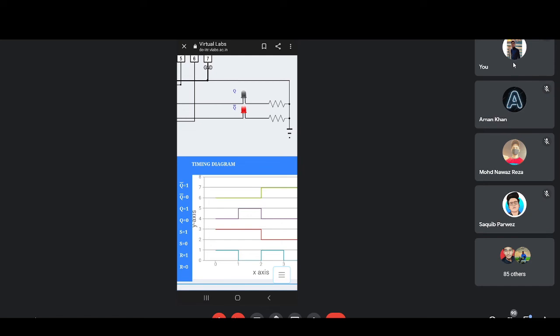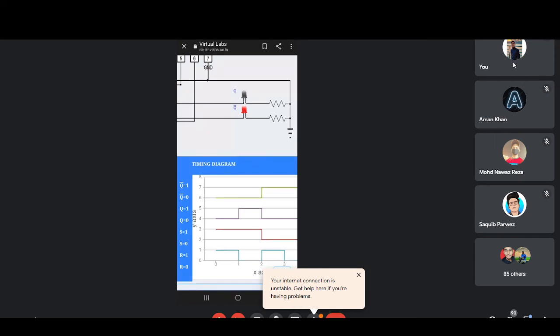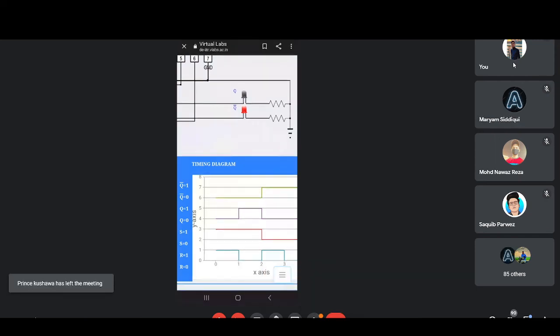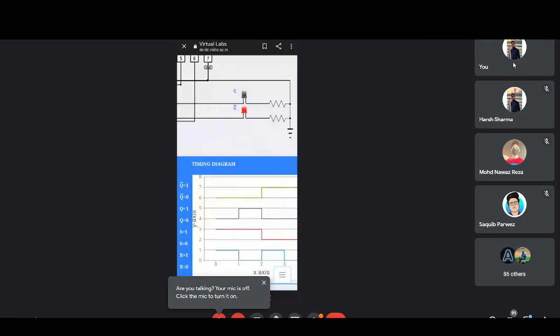Here given R, okay, all are given. So the lowest is R. R is 1 here and S is 1, so this is an invalid state. After that, R is 0, S is 1 and this is the set state, so you can see your output is 1.